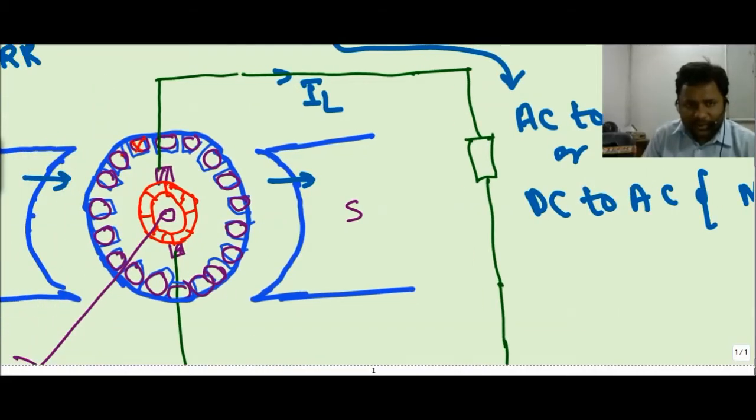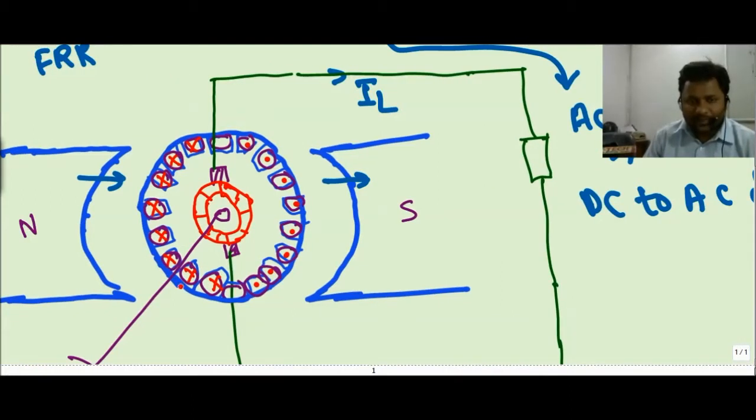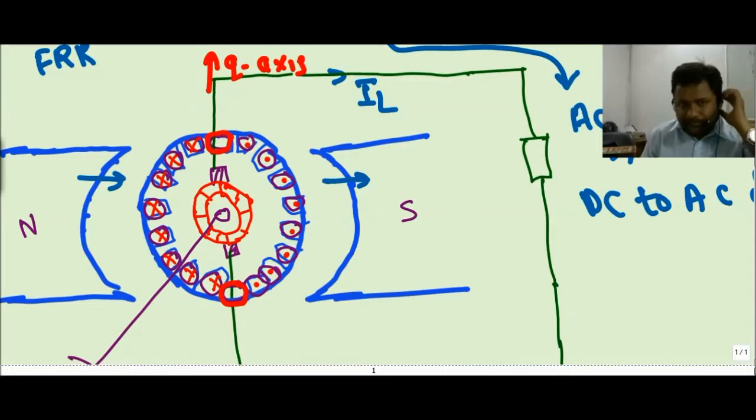The conductors under the influence of north have a cross, the conductors under the influence of south have a dot, and the conductors at the q axis have no induced EMF and no current, neither dot nor cross.